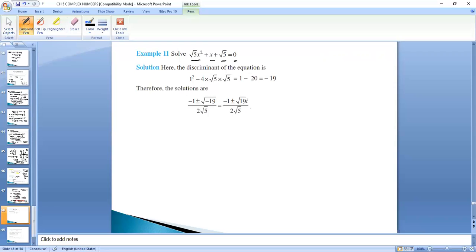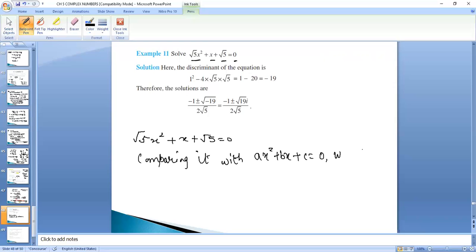So the given equation is root 5x square plus x plus root 5 is equals to 0. Comparing it with ax square plus bx plus c is equals to 0, we get a is equals to root 5, b is equals to 1, c is equals to root 5.